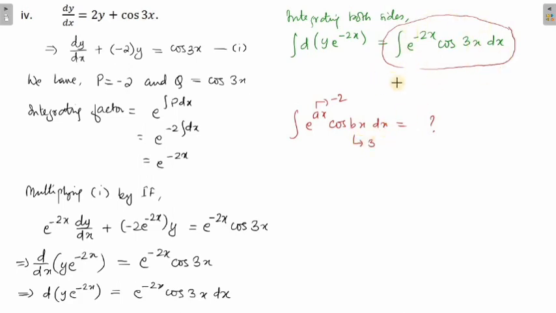The left side is simple; it is just y e to the power minus 2x. But in order to calculate the right side, you have to use integration by parts, or you can use the formula. At last, put the constant of integration. That will give you the general solution of this given differential equation. So you complete this sum by yourself. You may pause the video and note down your solution till here.